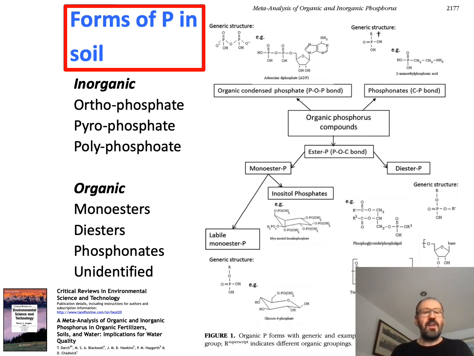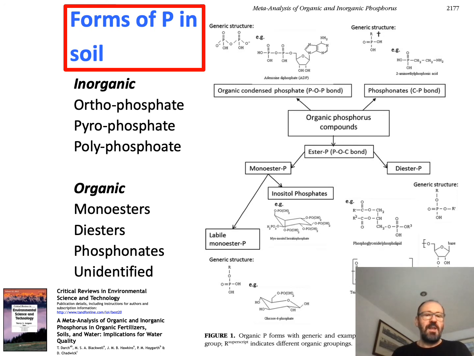But also of interest is the fact that there are other compounds which are called organic phosphorus compounds. They're organic in chemical constitution rather than organic in the kind of organic farming style way.